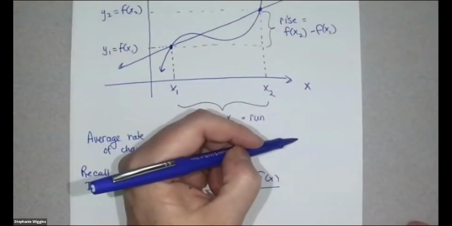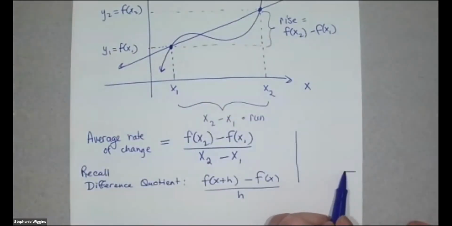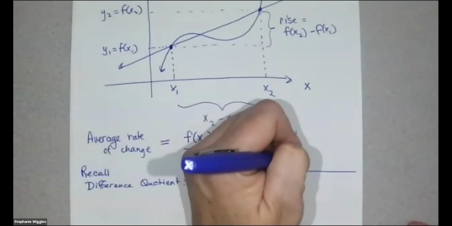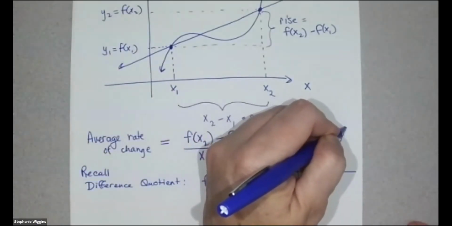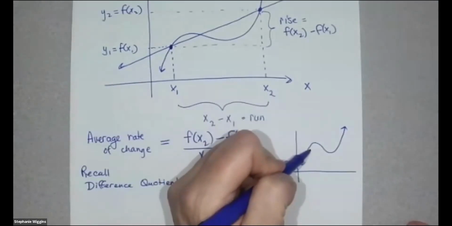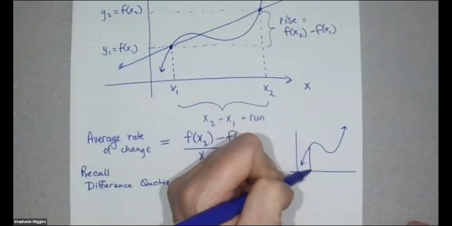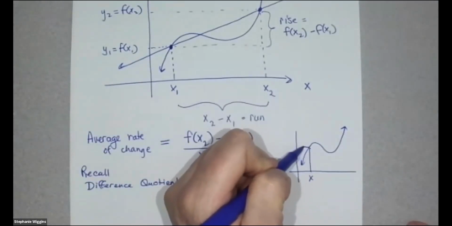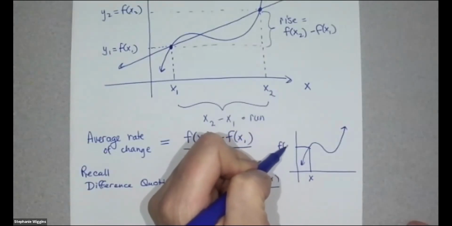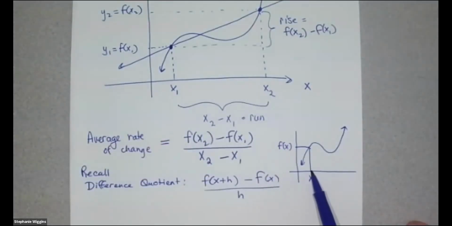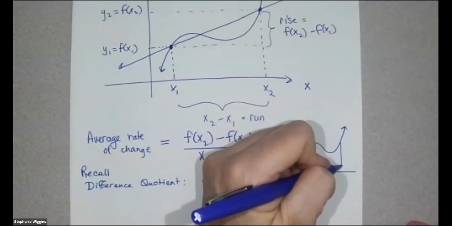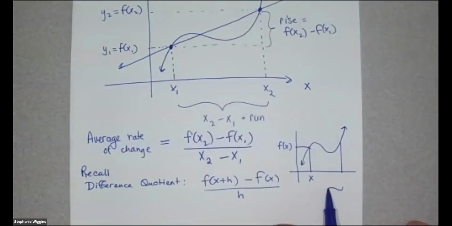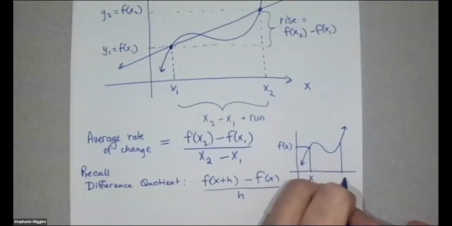So over here, we have our function. And if I pick a point x, this is going to be f of x. And if I move a distance h, so if this distance from here to here is h, then this point is x plus h.